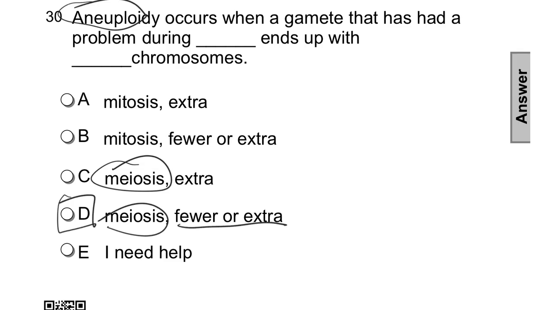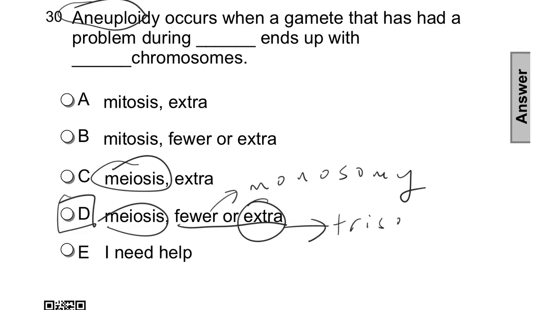D is better than C, because you can have fewer, and that would lead to monosomy, like Turner's syndrome, or trisomy, like Down syndrome, or Klinefelter's syndrome.